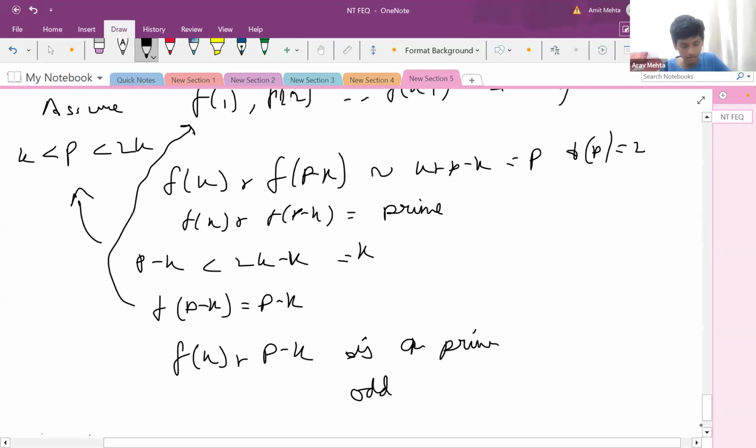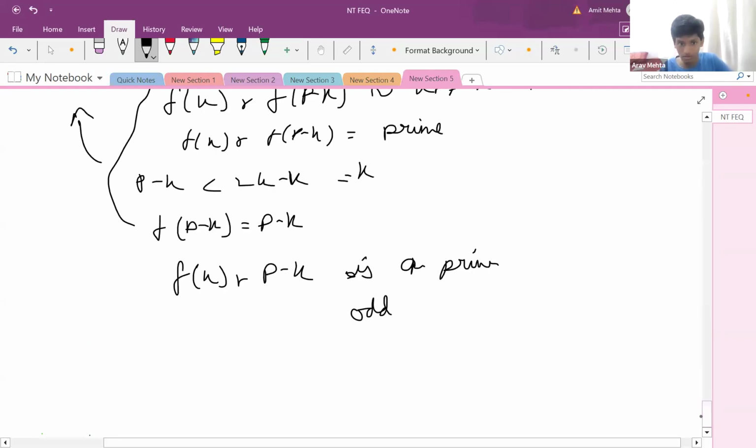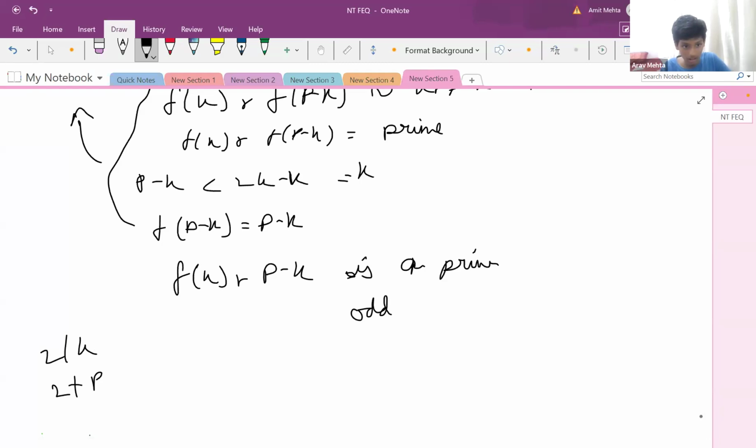Now, if k is even, if 2 divides k, then 2 does not divide p minus k. P minus k is odd. And since this plus this is odd, this has to be even.